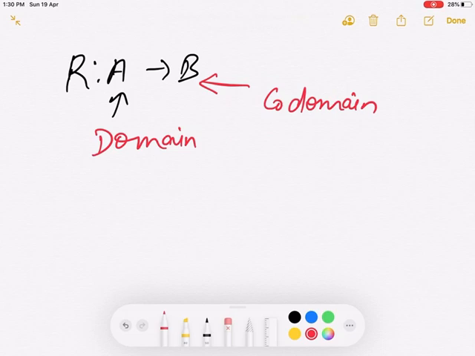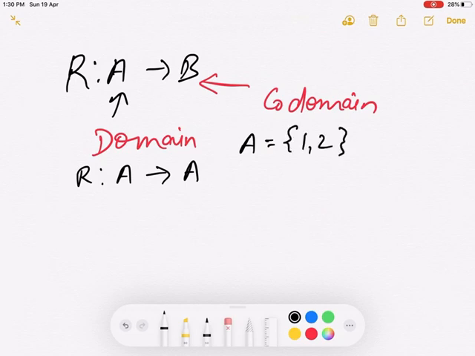We can also form a relation in such a manner that both the domain and codomain are the same set. For example, if we take R as a relation from A to A, let us say A is {1, 2}. Then R can contain ordered pairs such that the first element comes from A and the second element also comes from A. So we can write R as (1, 1) and (2, 2).